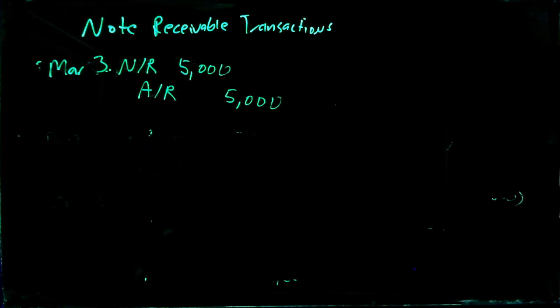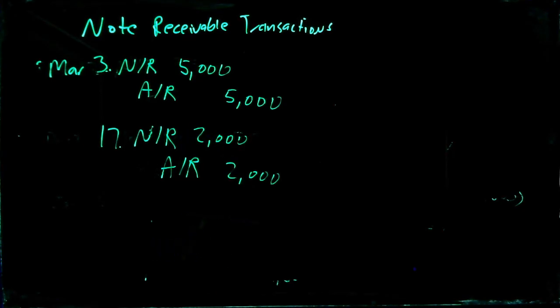And then on March 17th, we had another note. Same thing, note receivable, accounts receivable, and this was for $2,000. Now on April 16th, it looks like it says Chang dishonored his note.